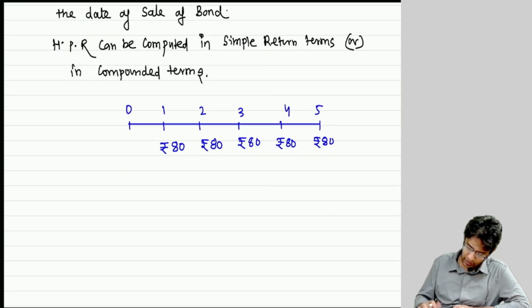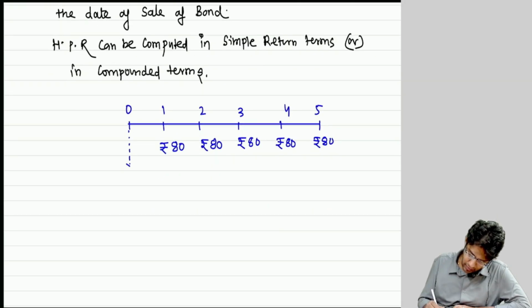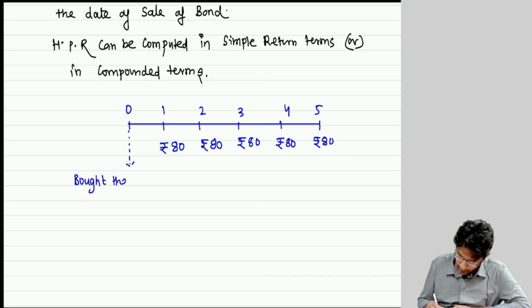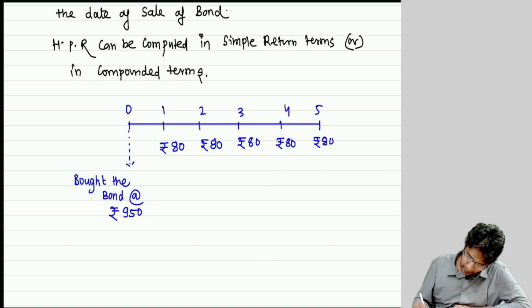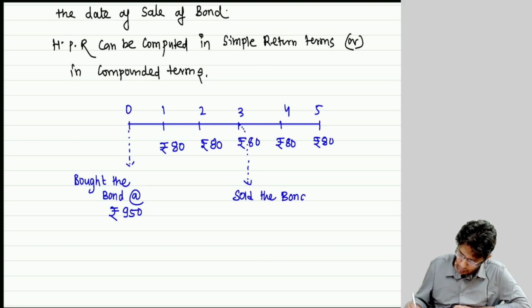What our investor did is, here he bought the bond at rupees 950 and here sold the bond at rupees 1000.